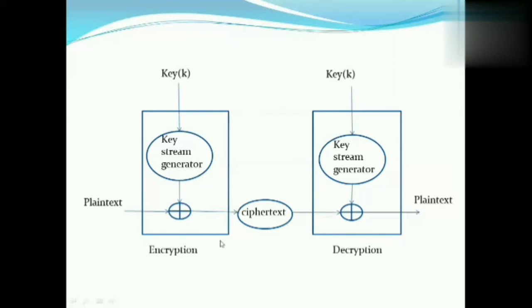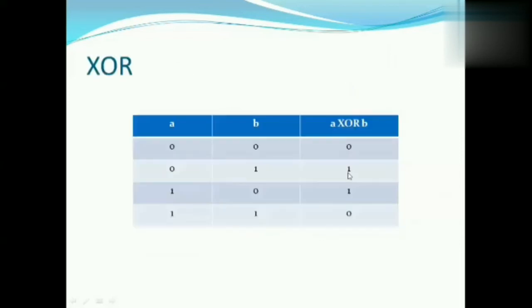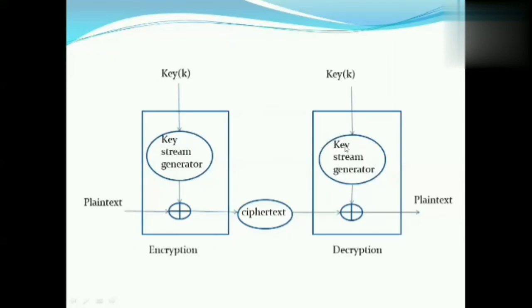After encryption we have generated this ciphertext. Now the ciphertext is XORed again with the key stream generated using the key stream generator, and this key and that key are the same. So the same key is used for encryption and decryption. Here the ciphertext is XORed with the key stream to get the plain text. This is how encryption and decryption happen.